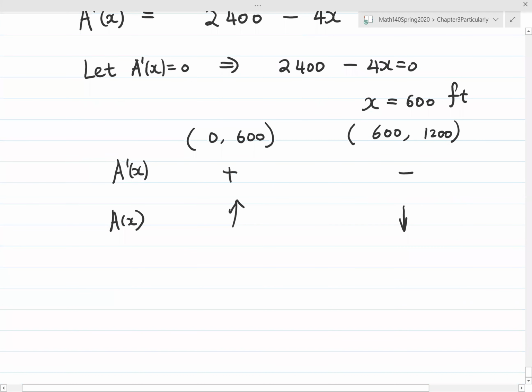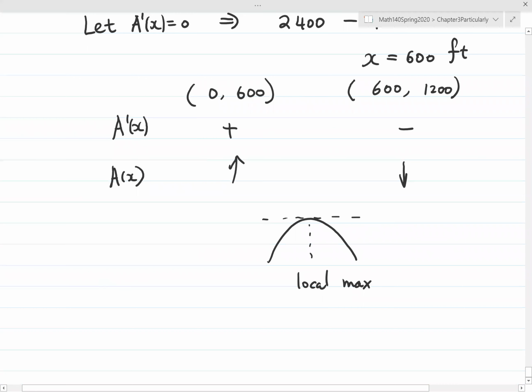The graph looks like increasing and then decreasing, so we have a local maximum. By continuity, we don't actually need to check the two boundaries.